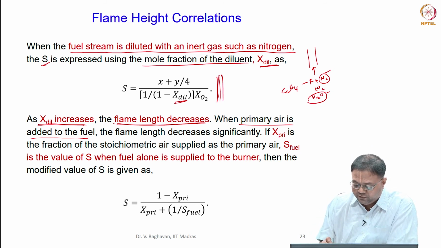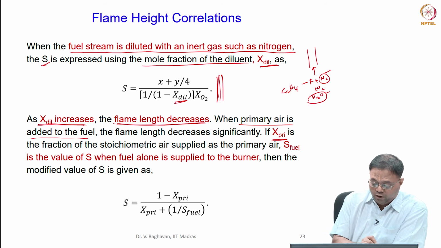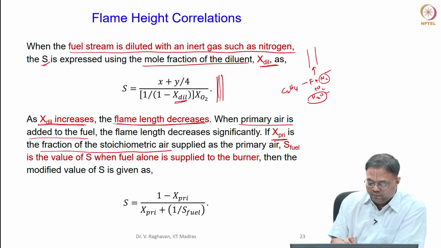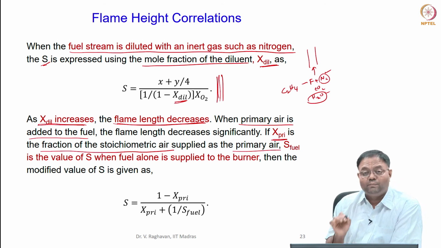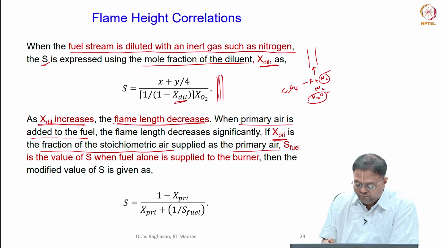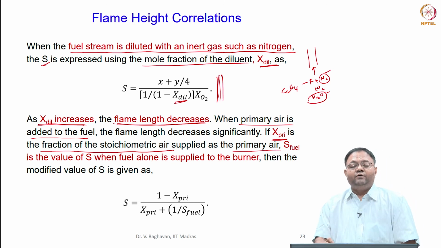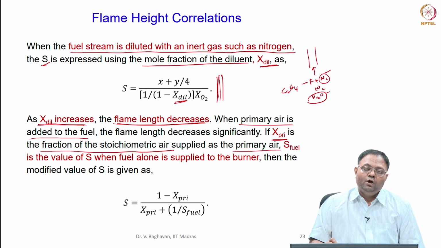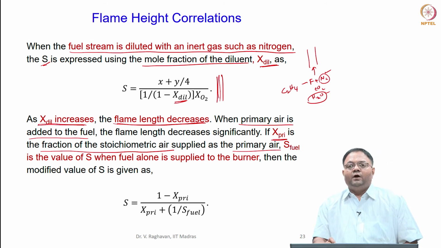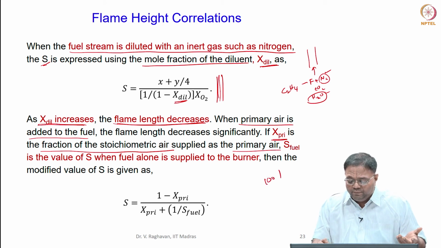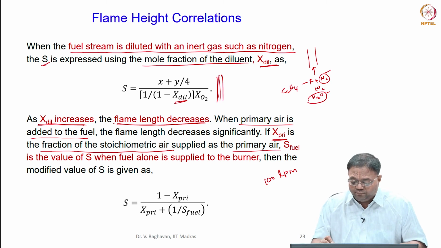If XPRI is the fraction of the stoichiometric air supplied as primary air, please understand it is not a mole fraction. If the stoichiometric air requirement is, say, 100 LPM volumetric flow rate, then Xp can be 10% of that, say 10 LPM.